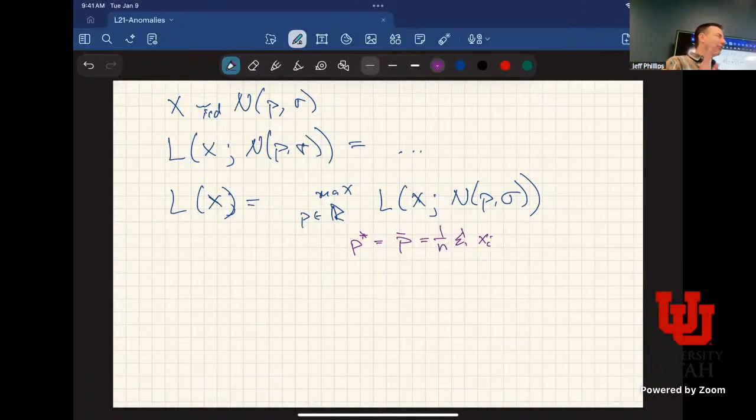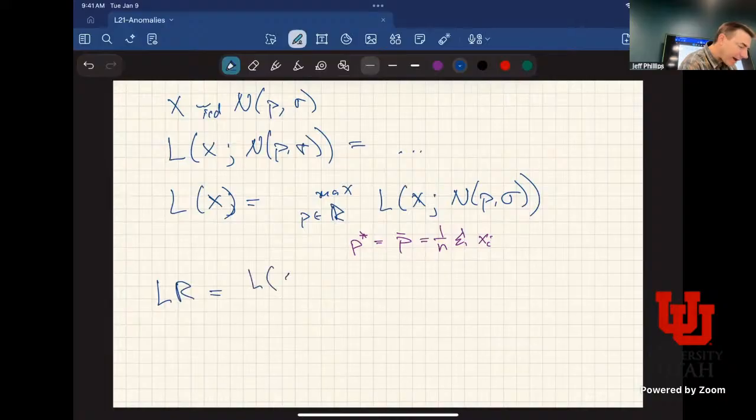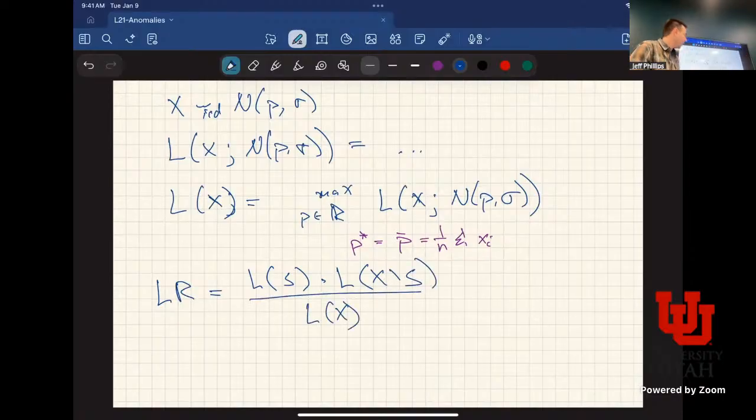We can write down that equation again. We won't actually have to write down that equation to look at it, because we can use the sum of the squared errors. What we want to look at now is the likelihood ratio, which remember is L of S times L of X minus S divided by L of X. Now these, remember, have the optimal parameter chosen inside of them.